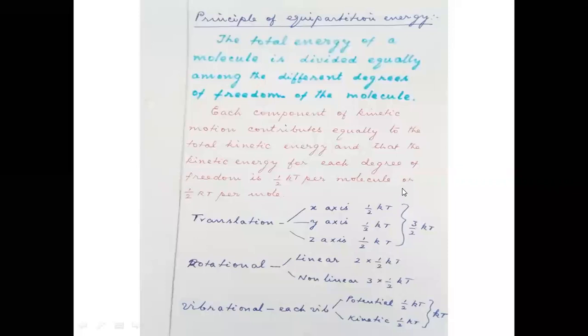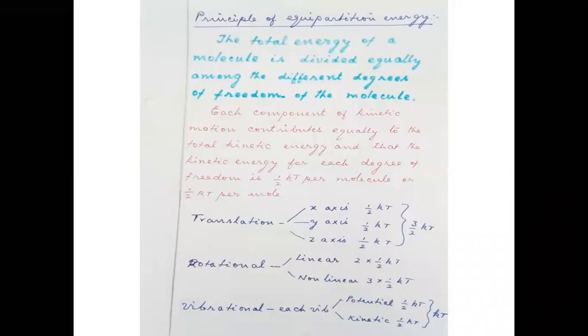If you multiply k by Avogadro number, it gives you the gas constant R. So each mode contributes an amount of half kT of energy per molecule.